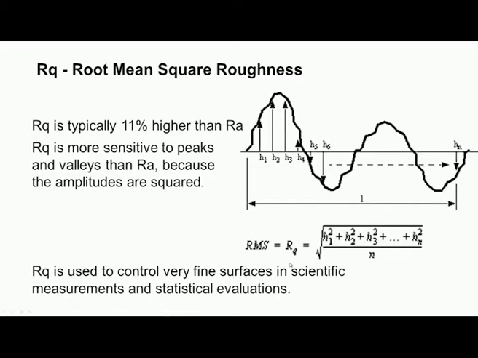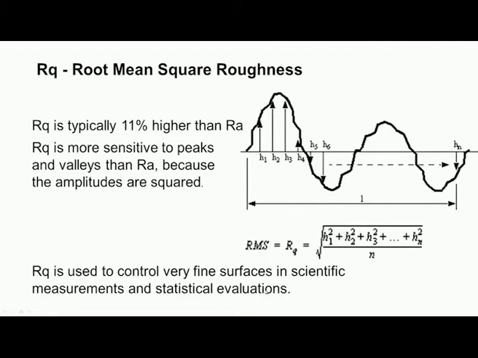This will give us RQ. RQ is typically 11 to 15% higher than RA, and RQ is more sensitive to peaks and valleys than RA because the amplitudes are squared. It is used to control very fine surfaces in scientific measurements and statistical evaluations.